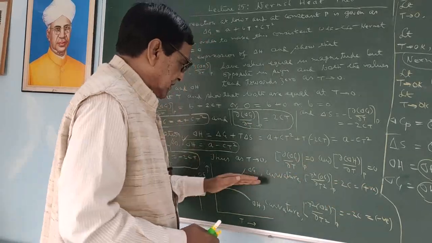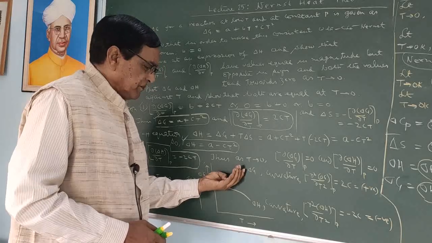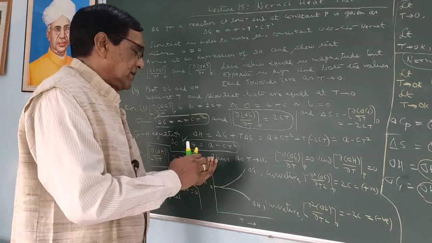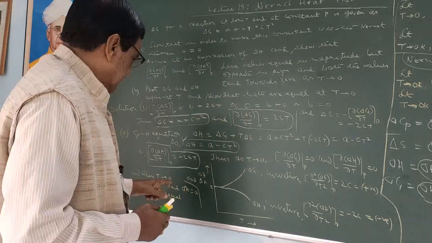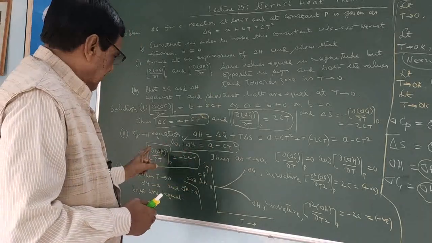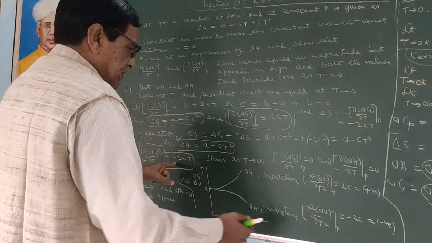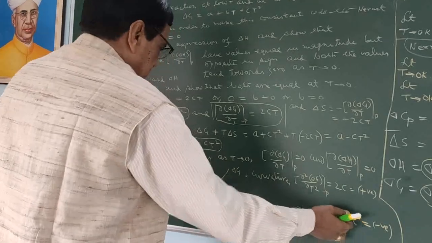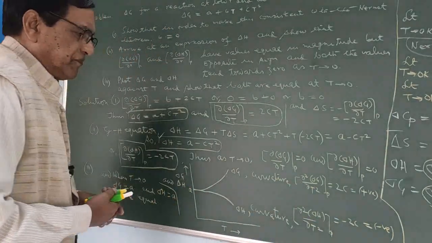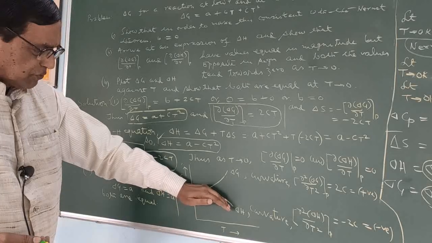It means the curvature is positive, means this curve will be like this, moving upwards. The first derivative and the second derivative is the curvature, and for delta H the curvature will give minus 2C, and this one is negative. So here the curvature is negative, means it is moving downwards.